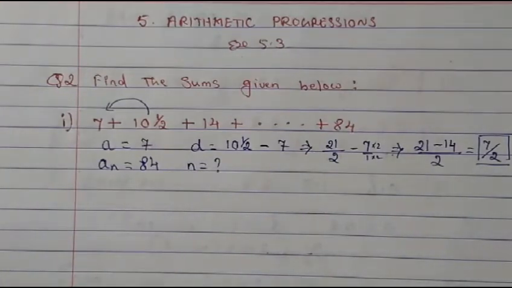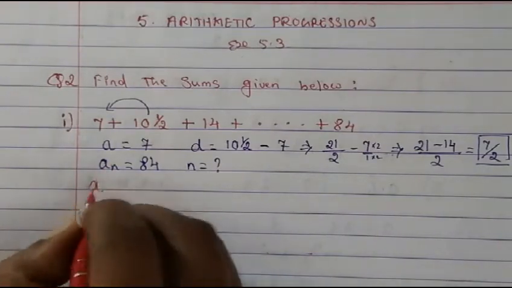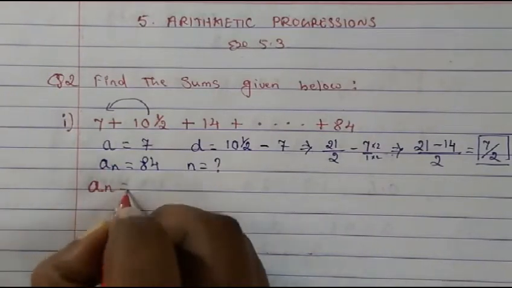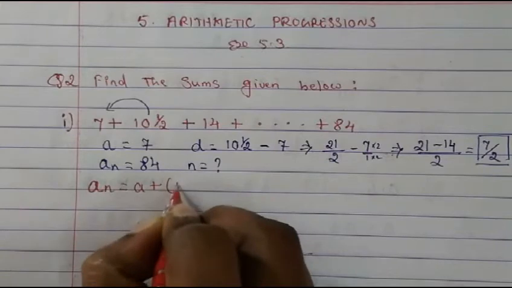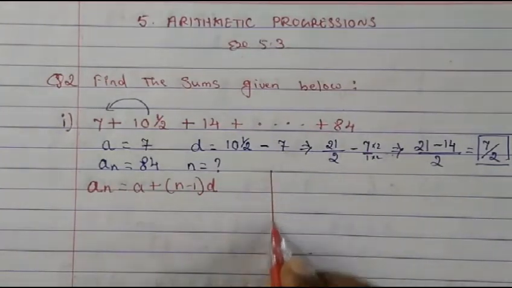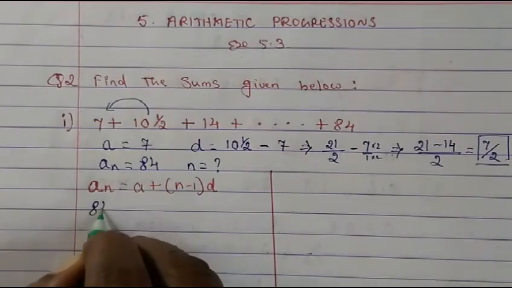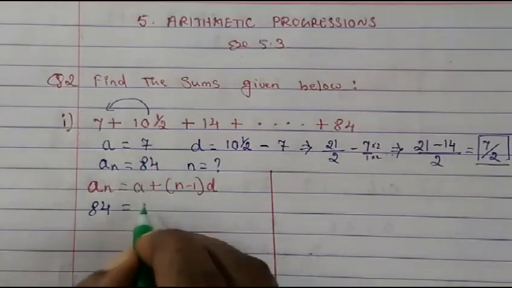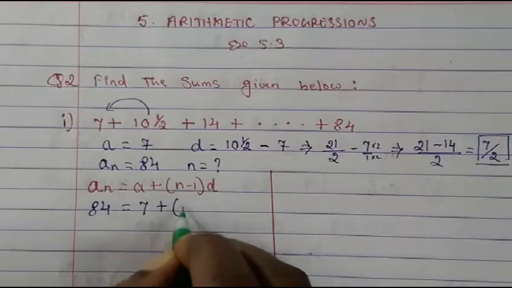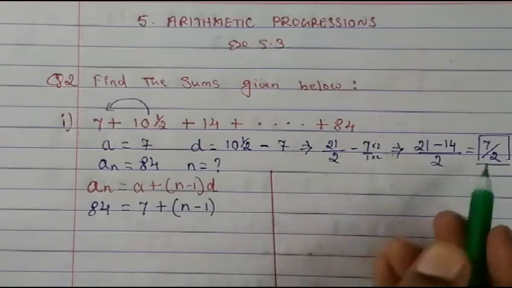Let's apply the formula to find the n value. We know that AN equals A plus n minus 1 D. So AN we know, that is 84. A is 7, plus n minus 1, where n we have to find out, and D is 7 upon 2.